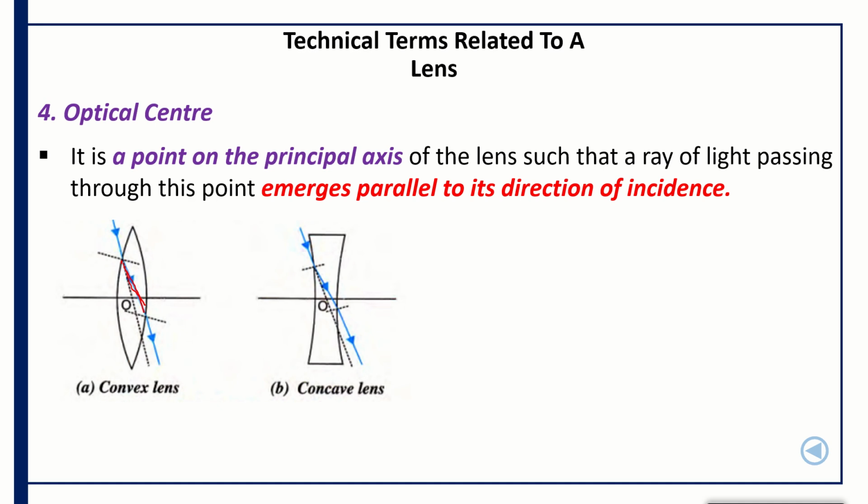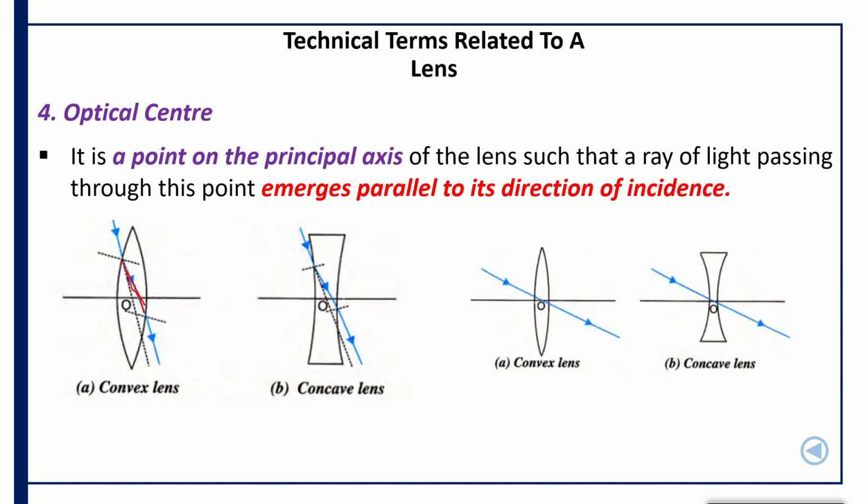When that same ray of light falls on the other surface through the optical center, it emerges out parallel to the incident ray of light. So this point on the principal axis is known as the optical center of the spherical lens.